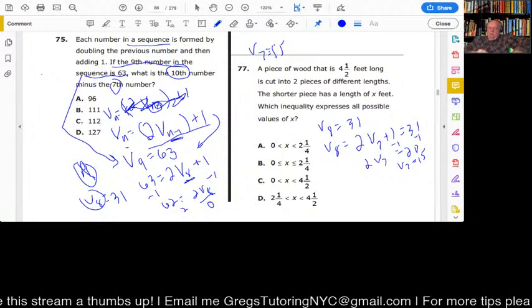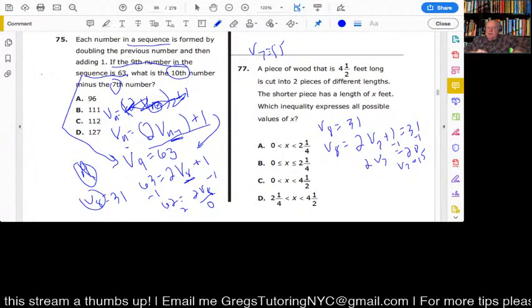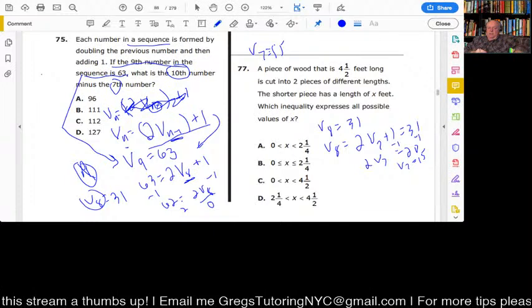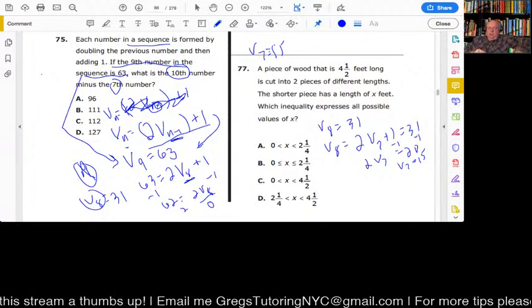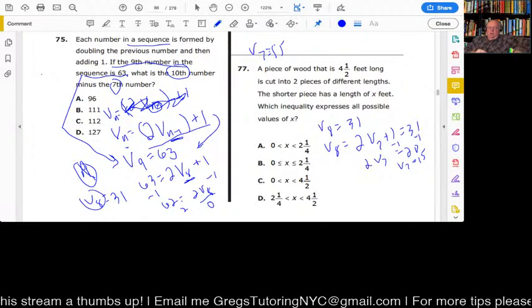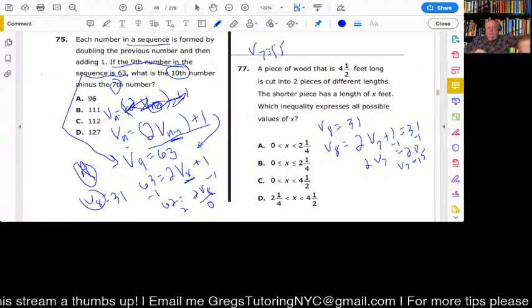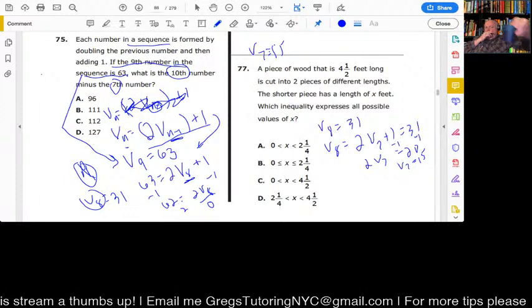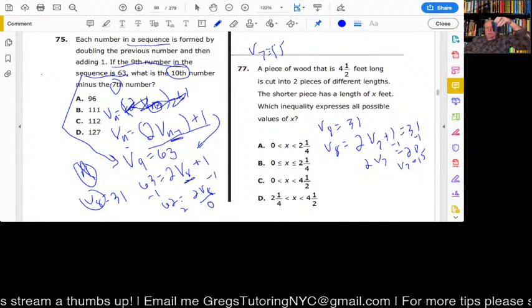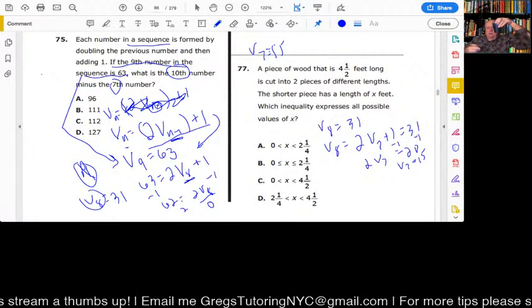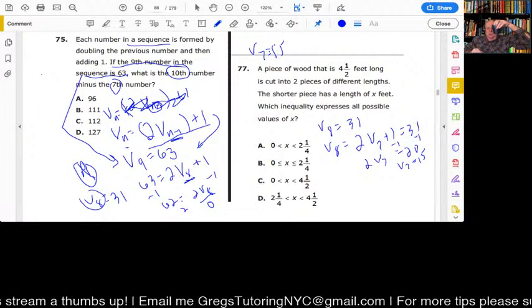Okay? What we have to now do is V10, right? So what might V10 be? It says it's going to be doubling the previous number and then adding 1 to it. So V9 was 63.